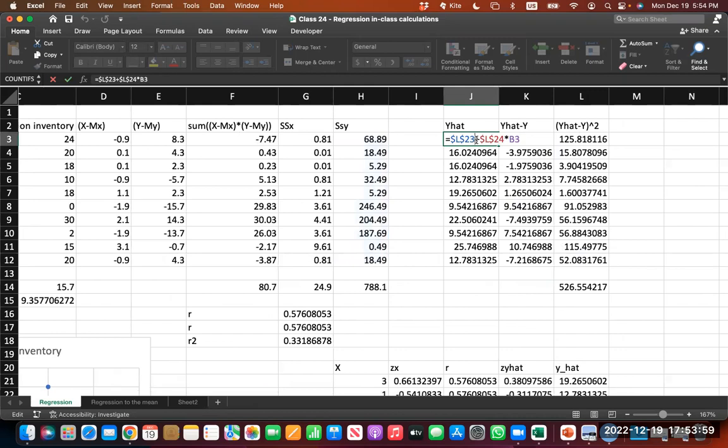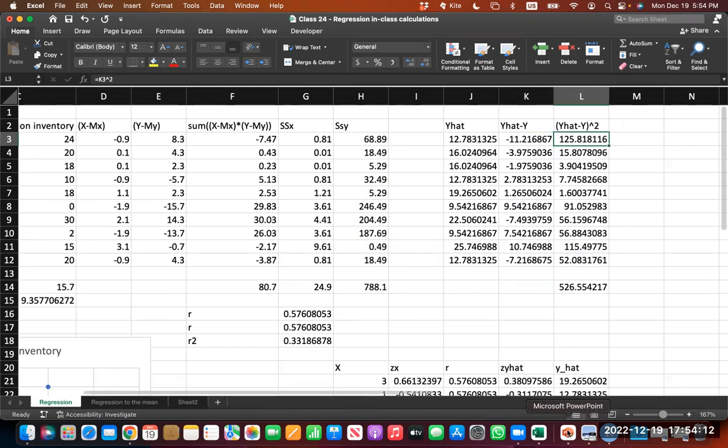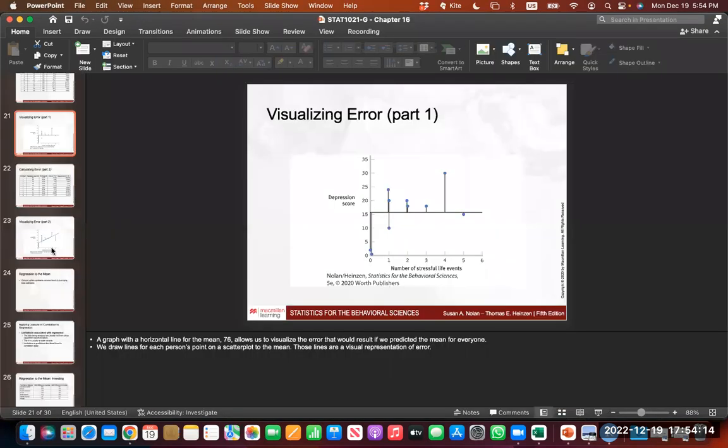My model predicts that this individual had a regression score of 12 or 13. There's a certain deviation between what I predicted and what we actually observed. This is the residual error, the leftover error after employing my model.